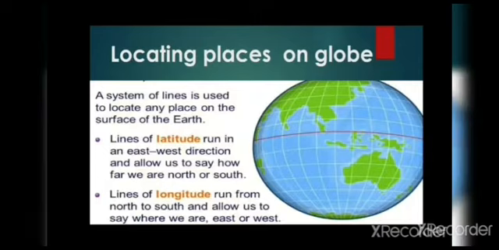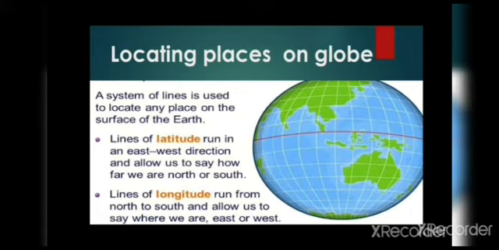Now children, we are going to learn about locating places on a globe. The parallels and meridians form a network of lines on the globe. This is called a grid. We use it to locate places on a globe. To locate a place, we must know the value of its parallel or latitude and its meridian or longitude.